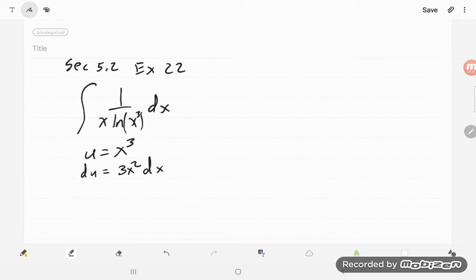Now, I think we can make it work. Suppose I just try to make it work. Well, I need a 3x squared dx up here. And so the 3 is no problem. I put a 1/3 there, and I'll put a 3. Now, I'll just put the x squared dx. But if I multiply by x squared, I need to divide by x squared.